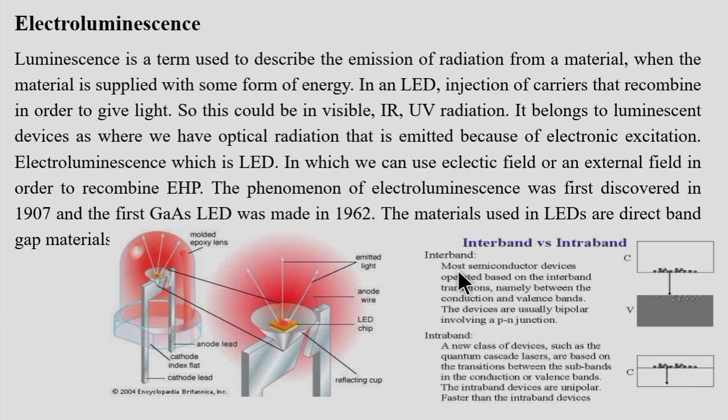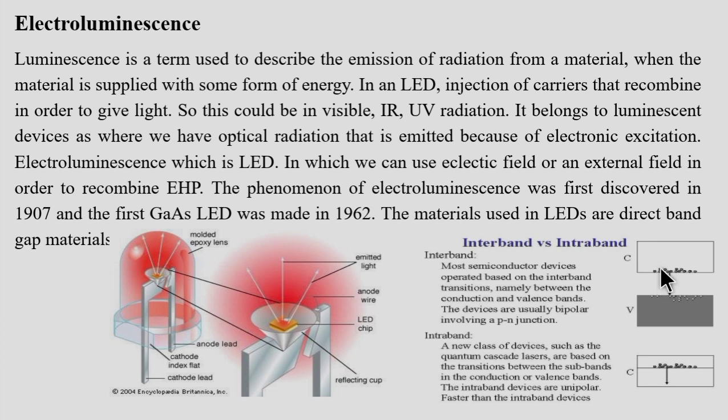Now, in LED, there are different kinds of transitions possible. In the general picture, we are focusing on the first kind of transition, that is the interband transition. Here, let us consider the band diagram. The first one is the interband transition, in which both electron and hole are at the edge of the conduction band and valence band. Here the holes are at the edge of the valence band and the electrons are at the edge of the conduction band.